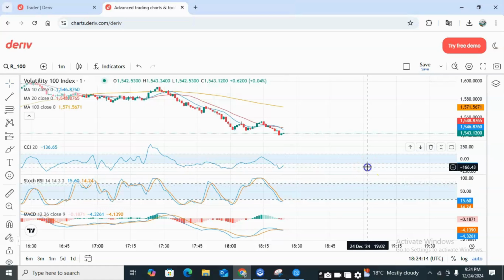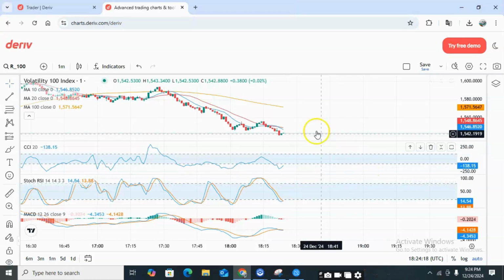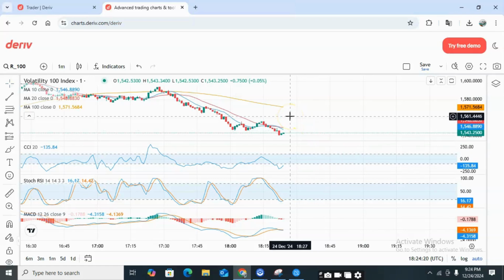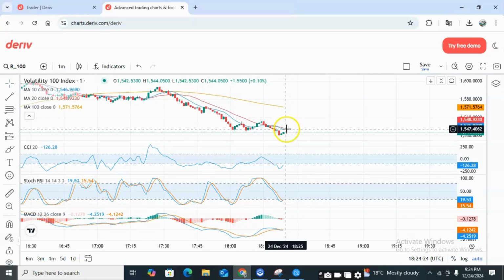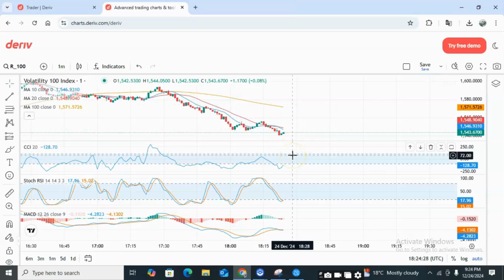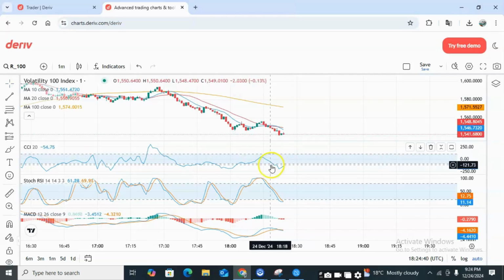For our market, the first thing we need to do is make sure the EMAs are pointing downwards, like we are going for the down trade, for us to enter the over 3 market. For CCI, we are going to look for a negative value and also a falling trend without bends.